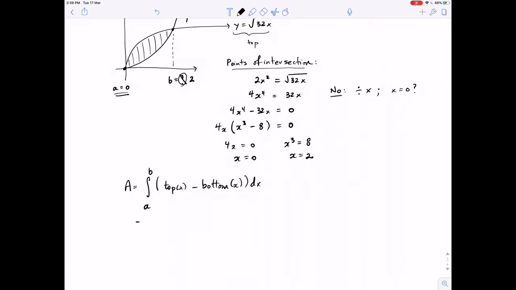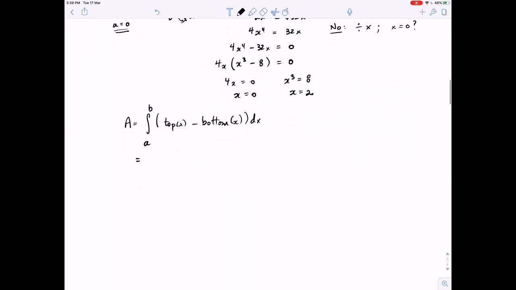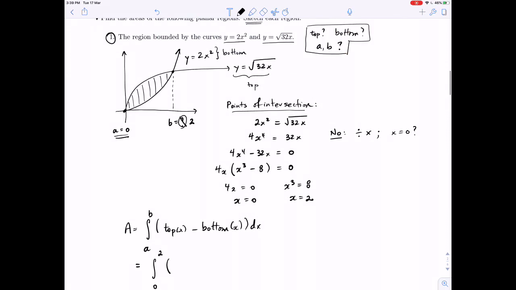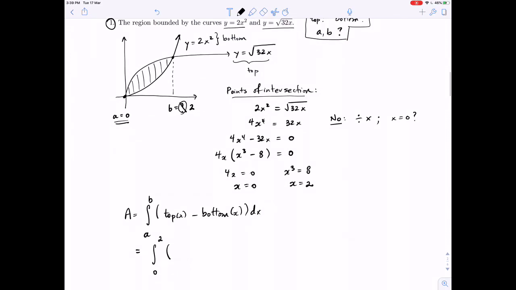Now that we know all of these pieces, we can just fill them in. We had just said our a value is 0, our b value is 2. The top function was the root function, so root 32x minus the bottom function, 2x squared, dx.